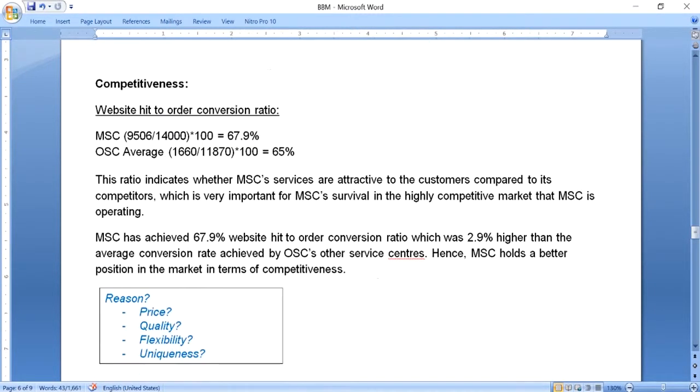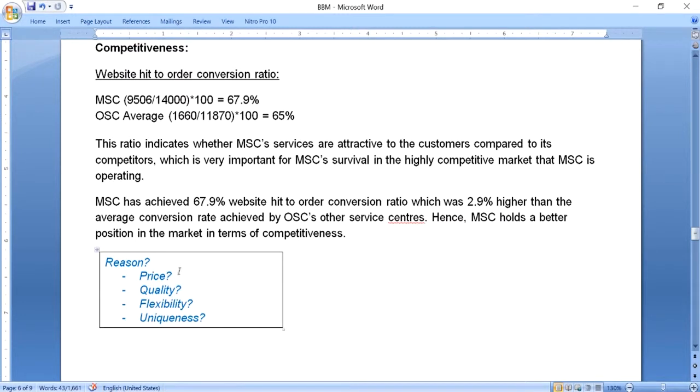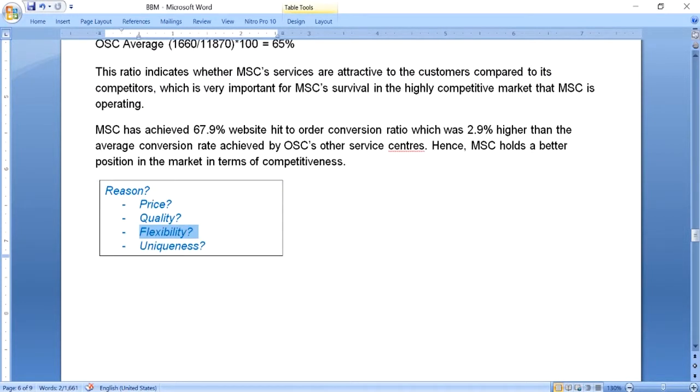That's pretty fine. Now remember we left some space here for competitiveness. In terms of price, no, because we are charging more, so we are not competitive. But we are competitive in terms of quality, yes, because we have the highest percentage of customers coming back. Flexibility, no, I don't say that, because we are not that flexible, as we are taking more time to complete our jobs.